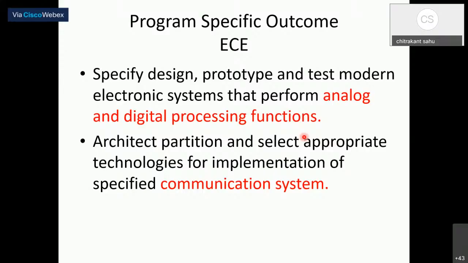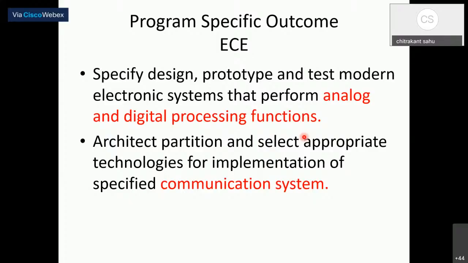This can be one of the program specific outcomes, because as an electronics engineer, students go through analog and digital processing units, learn different subjects related to analog and digital operation, and should be able to make and design a prototype related to that particular subject.